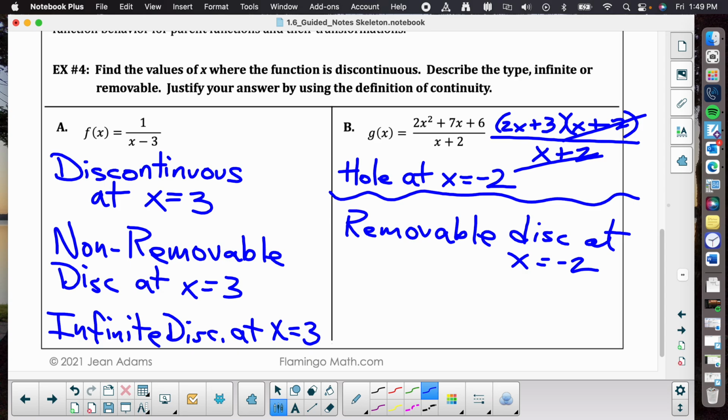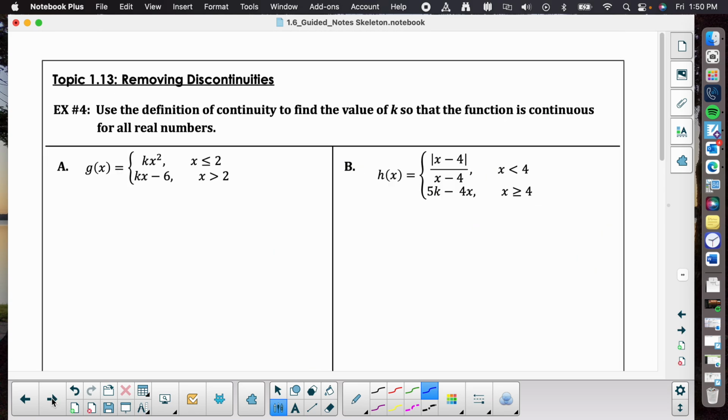And f of -2 doesn't exist, so immediately we have no continuity, but we kind of already knew that. And then the limit at -2 would be plugged into this equation. I think that was all the farther I wanted to get in 1-6, because the next part is piecewise function stuff.